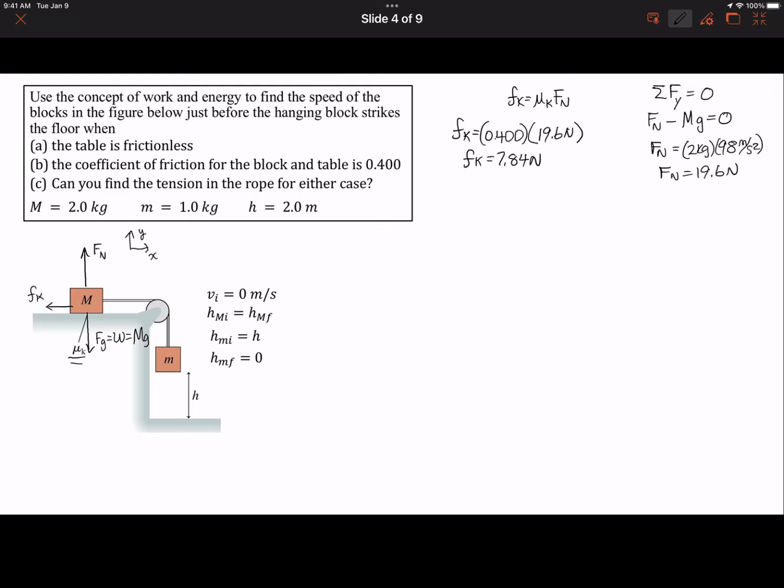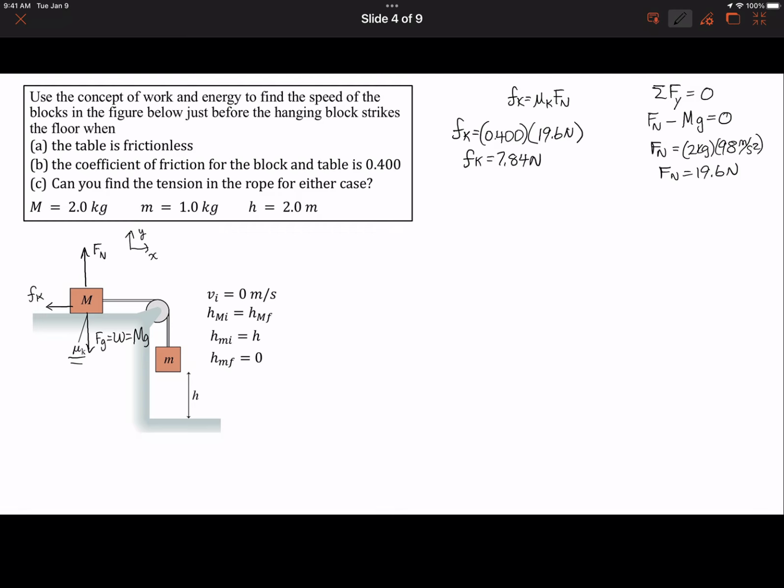Now, we're going to use the concept of work energy, and in this particular case, we're going to consider both blocks as our system. And if we consider both blocks as our system, then we don't have to worry about the tension because that would be internal. Well, okay, let me back up.